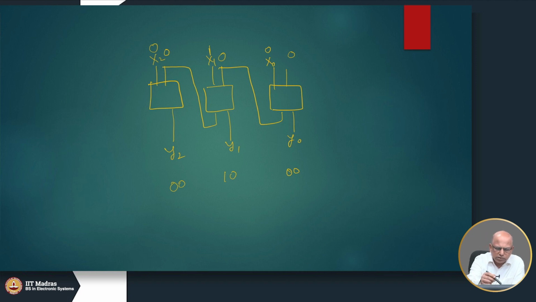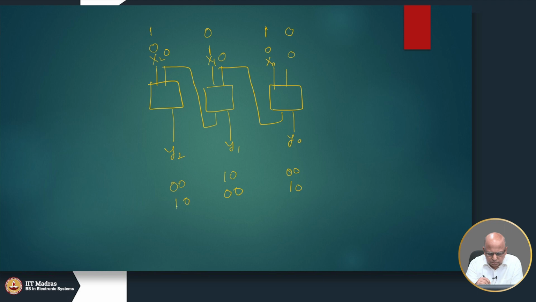Now, let me invert everything. So, I will apply 1 0 1. So, this time I am able to apply 1 0 here, and that will result in 1 as the output and the carry is still 0. So, this time I got a 0 0 here and that resulted in no carry.